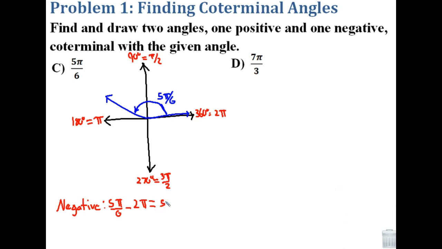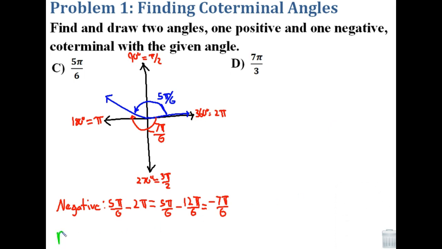We can say 5 pi over 6 minus 12 pi over 6, if we want a common denominator, which would just be negative 7 pi over 6. So this negative angle here would be 7 pi over 6, which makes sense because 6 pi over 6 would be a pi, so 7 pi over 6 would be just a little bit past that. And don't forget the negative, we mean negative 7 pi over 6.